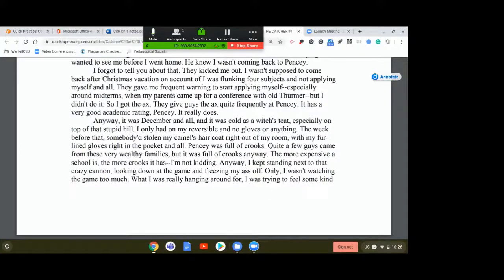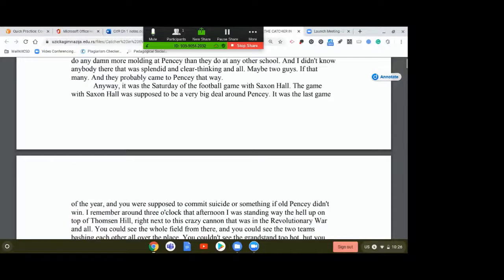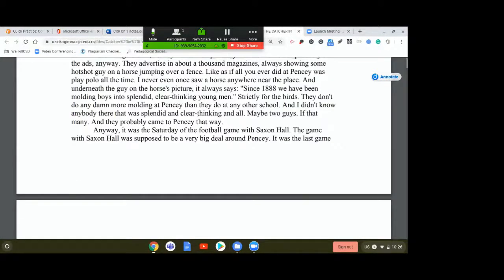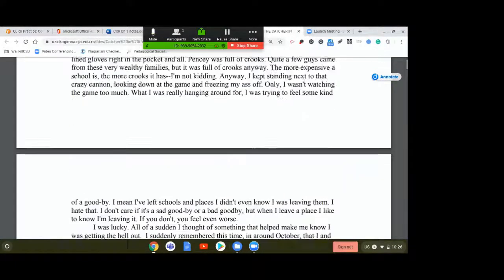And this is the beginning of what's going to be a long weekend where Holden is going to tell us 95% of this story over the course of this long weekend that starts with this football game at Pencey Prep. So at the end of this chapter, he introduces two characters, the Spencers.